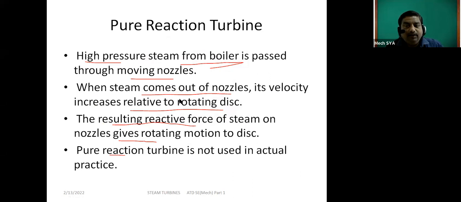The resultant change of momentum exerts a force on that particular blade. That is the principle, Newton's second law of motion. Whenever the momentum is changing, there will definitely be a force exerted on that blade, and due to that thrust the blade will rotate. Okay, so this is the pure reaction turbine.